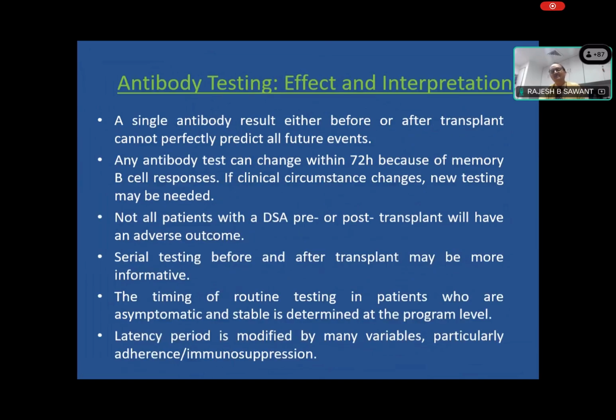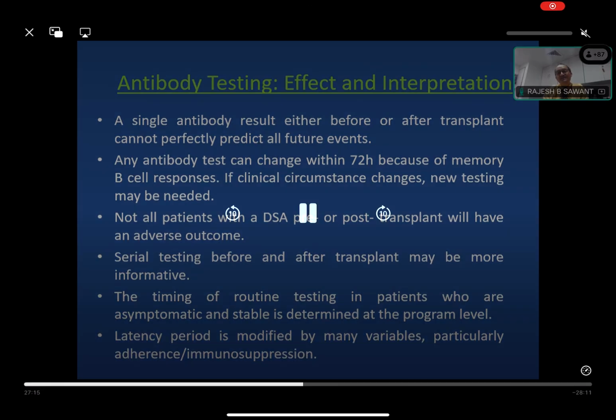So further about the effect and interpretation of these antibodies, as I said, they may be present even before the transplant, or they may be formed later on de novo during or after the transplant also, right? Any antibody test can change within as short as 72 hours. Why? Because of the memory B cell response.